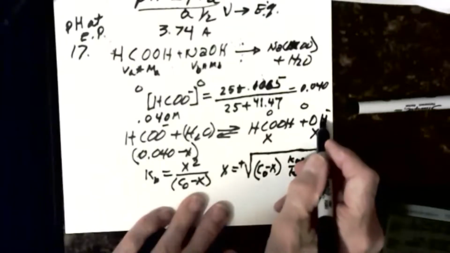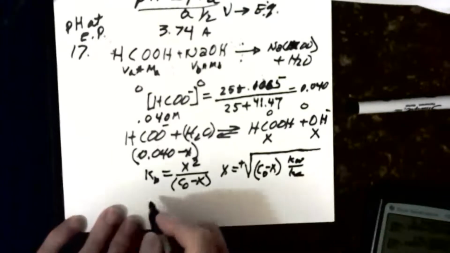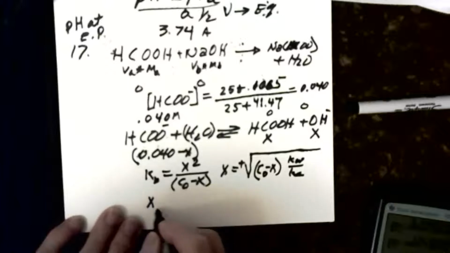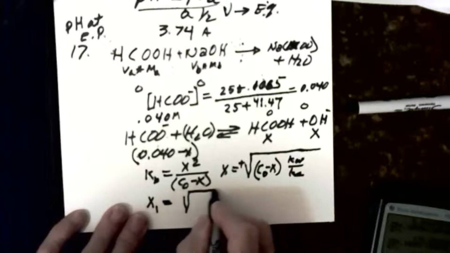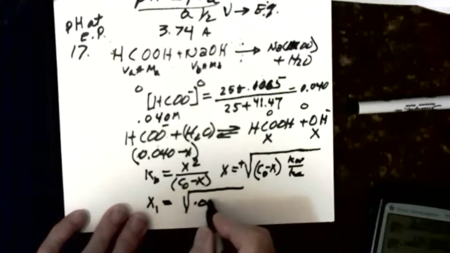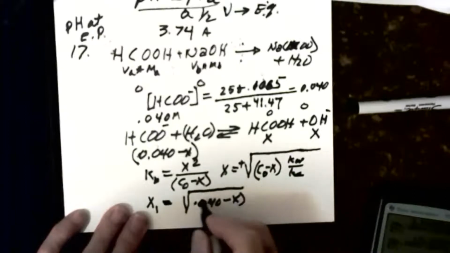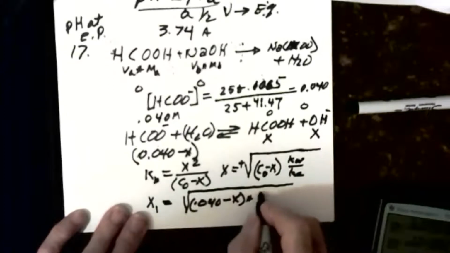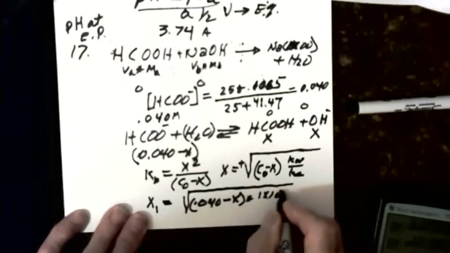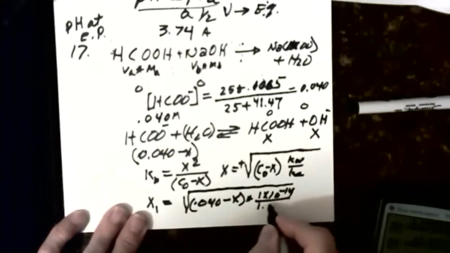And we don't need to do that here. Okay? Now, so I can do my math. My first approximation for my X is going to be the square root of 0.040 minus X times 1 times 10 negative 14 divided by the Ka of this acid, which is 1.8 times 10 negative 4.